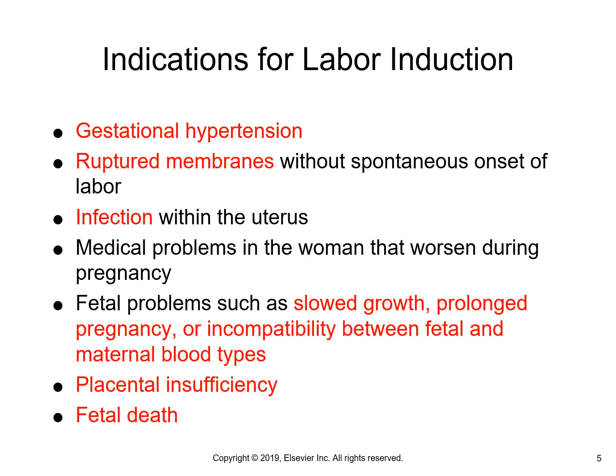So after birth, that blood pressure will go back to normal. Another reason is ruptured membranes without spontaneous onset of labor. If that membrane is somehow ruptured and the amniotic fluid is leaking and the baby is at term, then it's time to induce that labor.